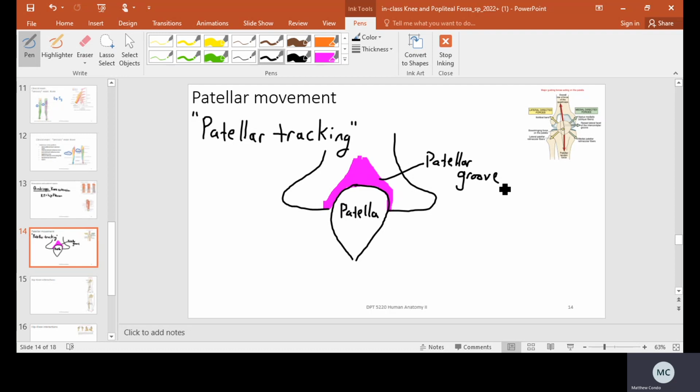Maybe, maybe not. Would all the staples that they have, or glue, or butterfly strips, or zippers, or whatever else they use that day? So I got some folks where they just need a zipper. They've had a few done. Would that change patellar tracking? Potentially.